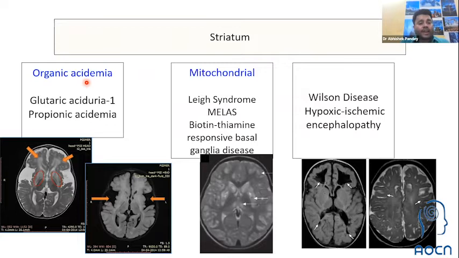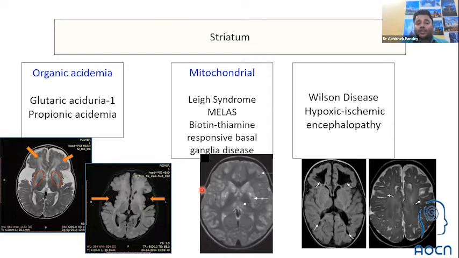In organic acidemia, basically in glutaric aciduria, there will be involvement of the striatum, as well as a widened fissure, bilateral and symmetrical, and the extra-axial space will be widened. This is the signature radiological imaging of glutaric aciduria.